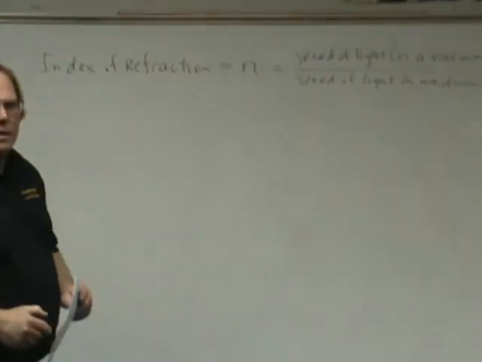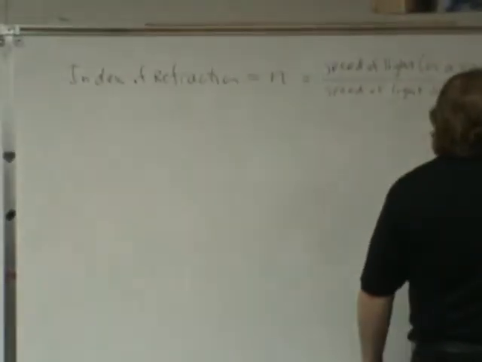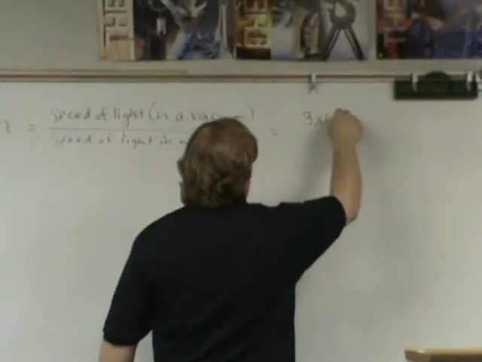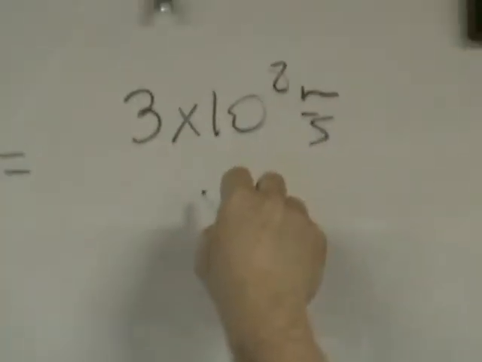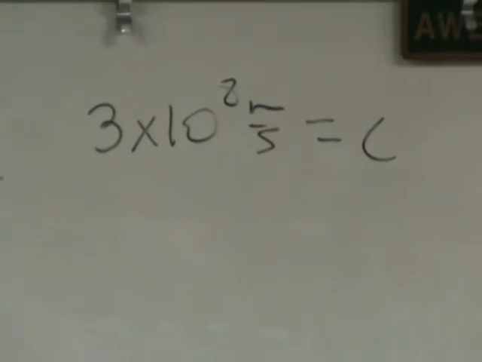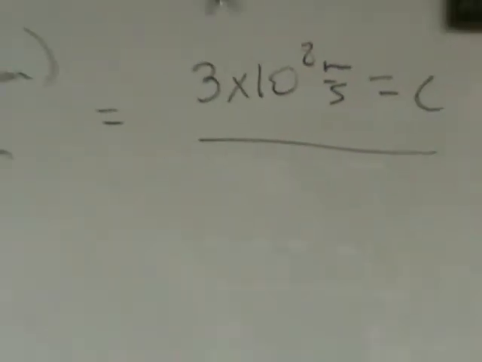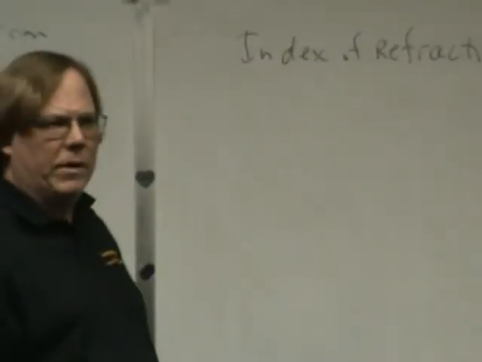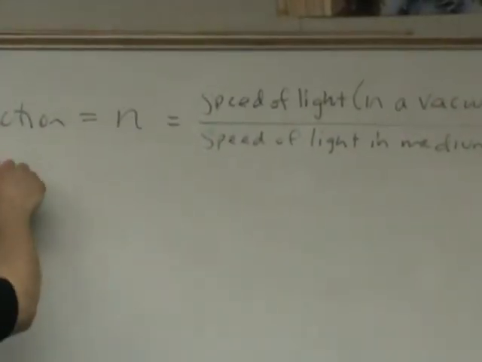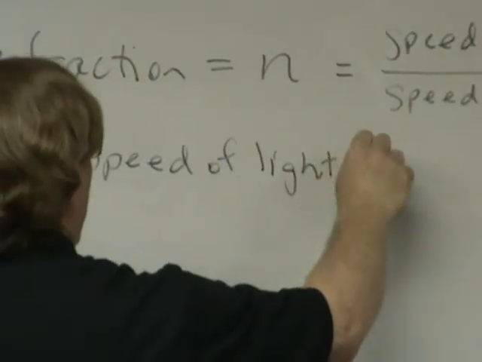For example, tell me, what is the speed of light in a vacuum? Good. 3 times 10 to the 8 meters per second. We call it c. That's an 8, by the way, not a 2. Now I'm going to ask you to get me the index of refraction of water with this knowledge.